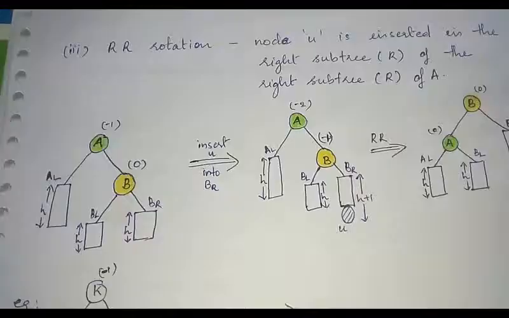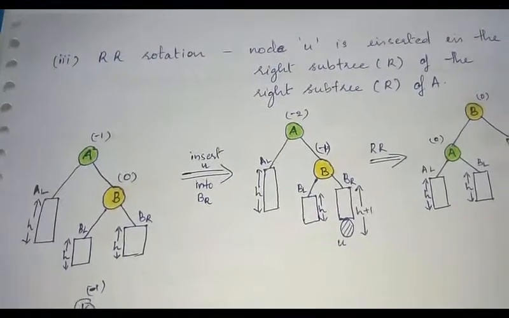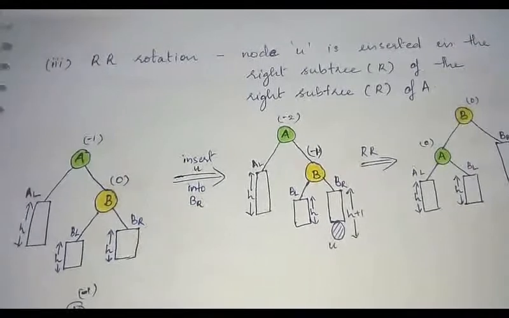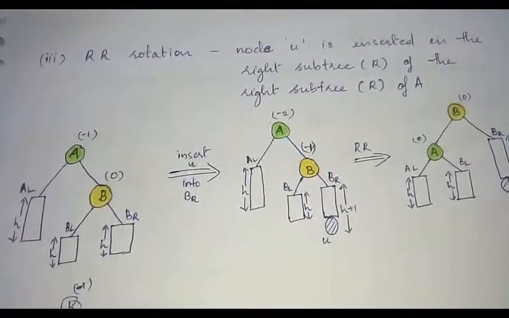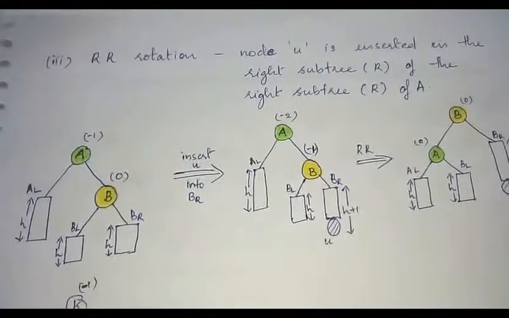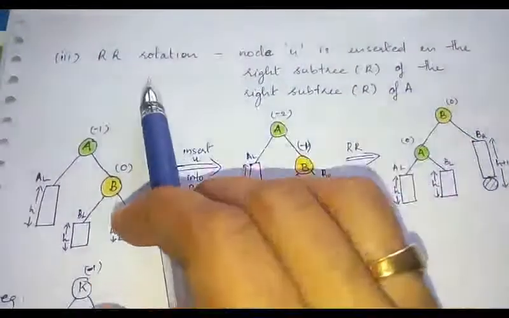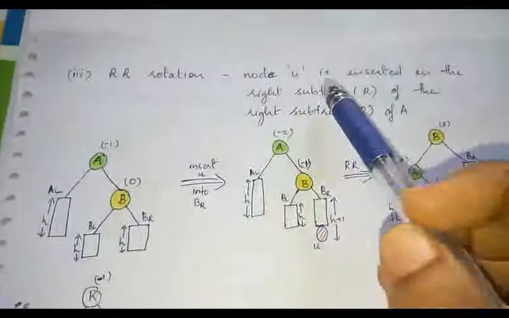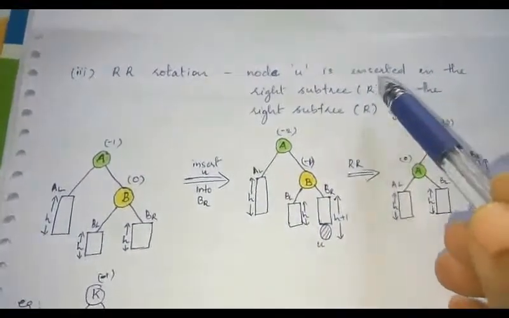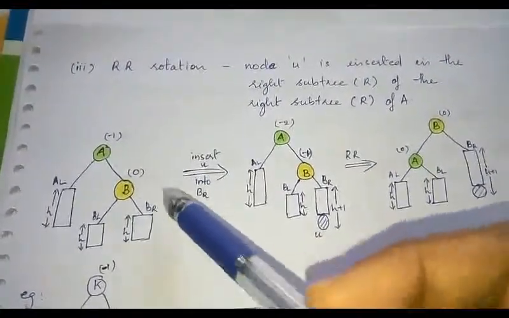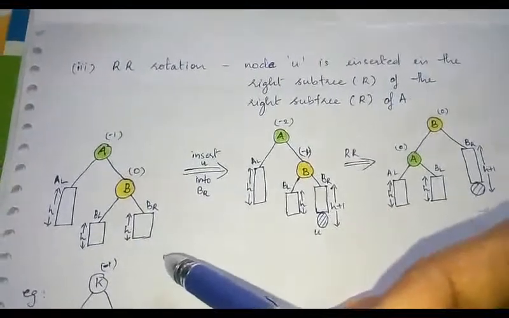The third rotation is RR rotation. Here a node U is inserted in the right subtree of the right subtree of A. So RR rotation takes place when a node U is inserted in the right subtree of the right subtree of A. So look at this figure.